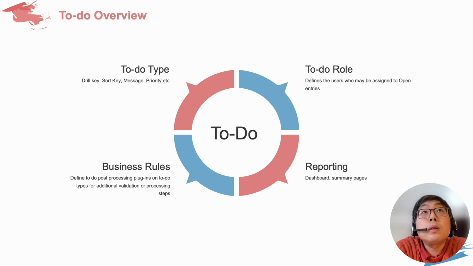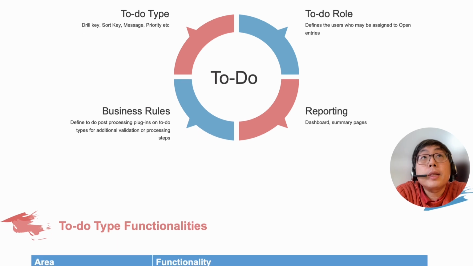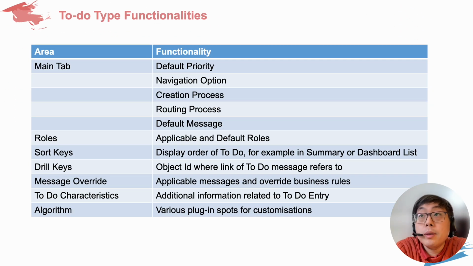Okay, so this is a breakdown of the To Do type: what you can define on a To Do and what it actually means for the system. On the main tab, you can define the default priority. The priority is a number which you can define, which basically says if the priority is high, it shows to the user first in the list, for example.